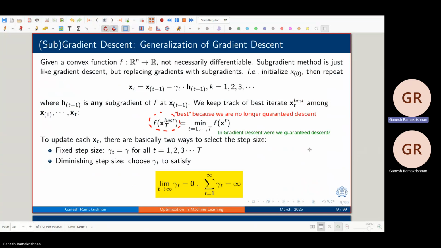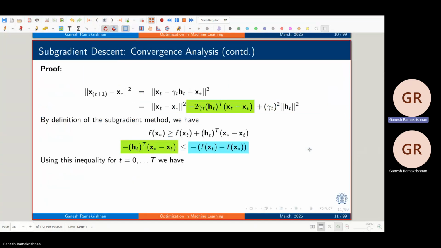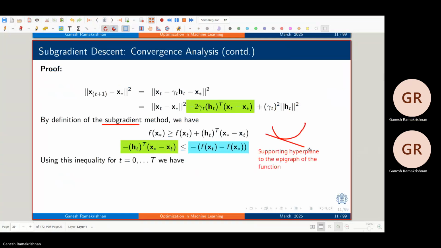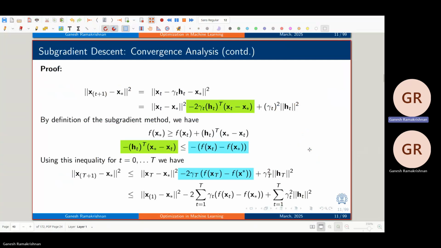So let's look at the proof, and hopefully again not the detailed proof but elements of it. I'm just going to highlight the important steps. As usual, what we do is invoke the subgradient step to look at this inequality of the dot product. The dot product is less than or equal to some difference of the two functions. That's a supporting hyperplane. Then we invoke the completion of squares, the standard quadratic trick.